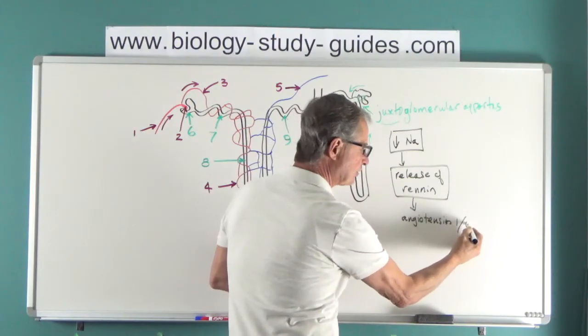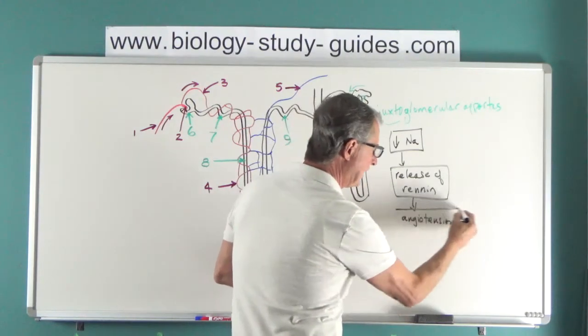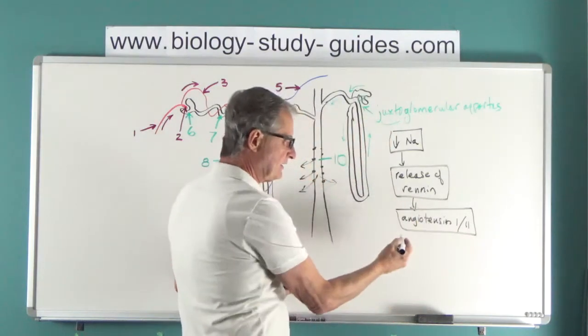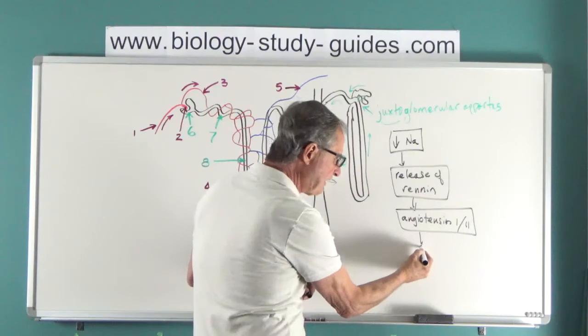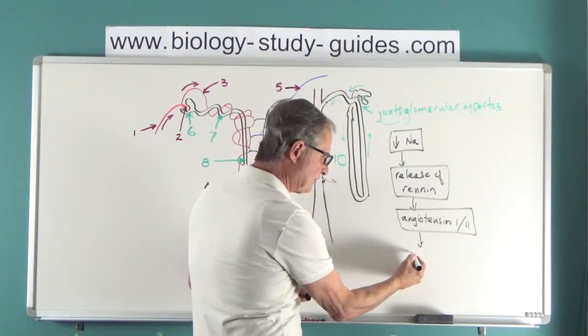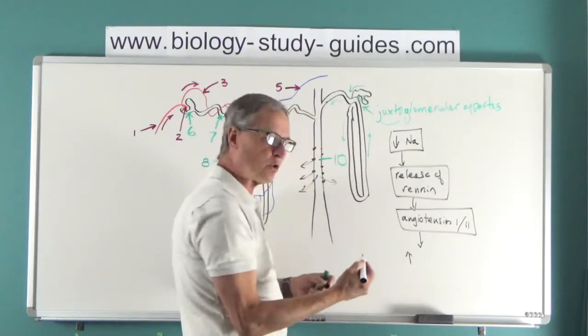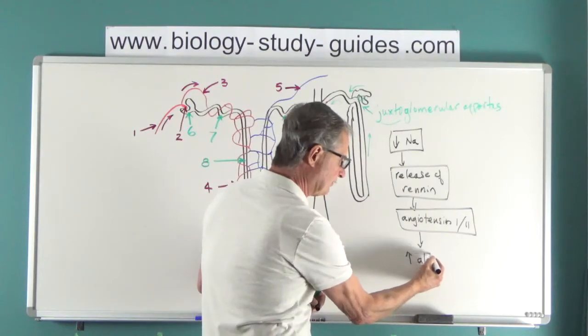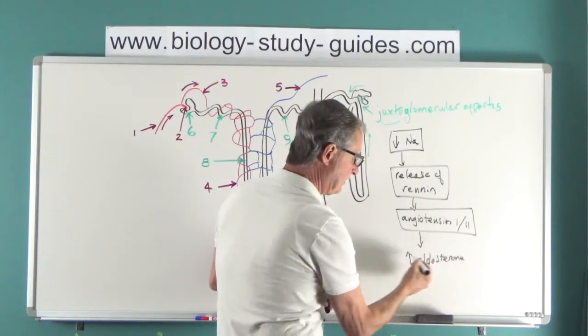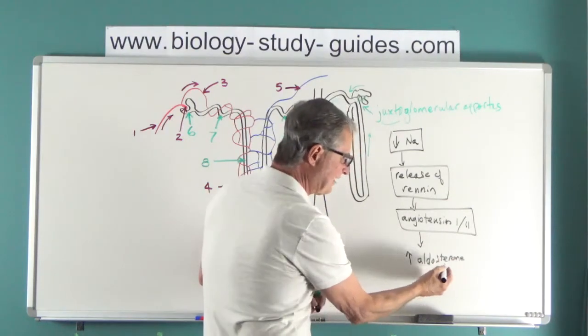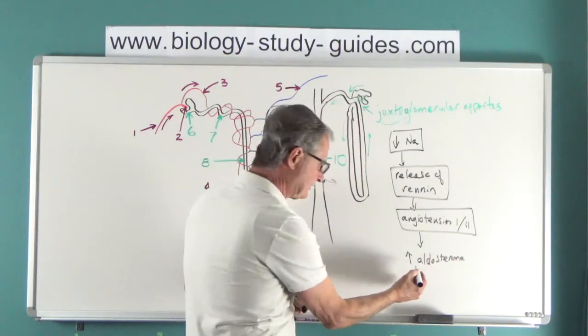Angiotensin 1, and there's also an angiotensin 2, and we don't have to get into the particulars of that sequence of reactions, but the effect of angiotensin is to cause an increase in another hormone. This hormone is called aldosterone. Increases aldosterone secretion by the adrenal cortex.